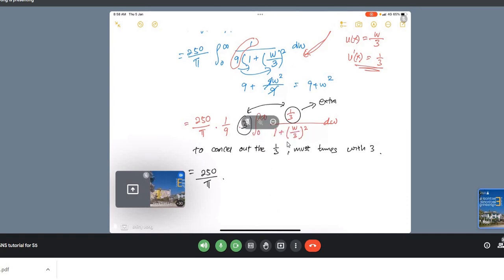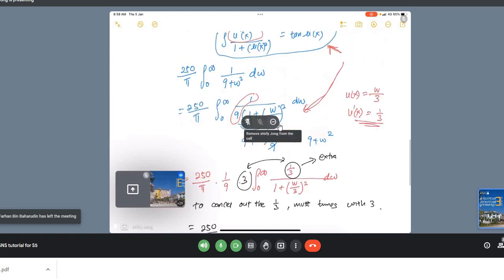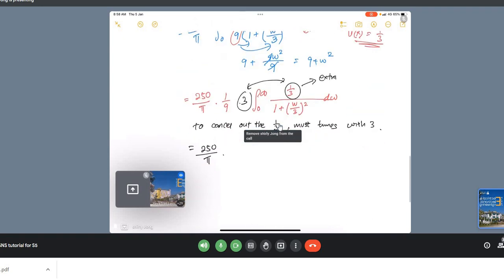So this part I can change to the formula inverse tangent, right? So I can change to inverse tangent ux. So this one and this one cancel, I can get just 1 over 3, and then I get inverse tangent omega over 3.